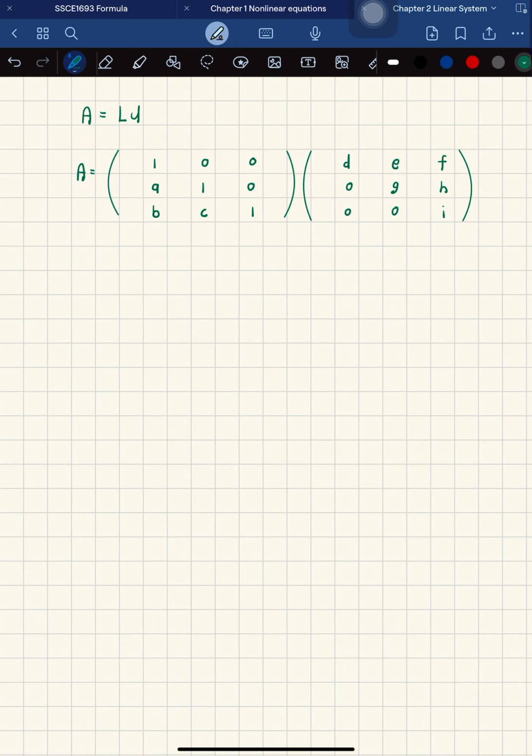Okay, now you multiply between these two matrices.